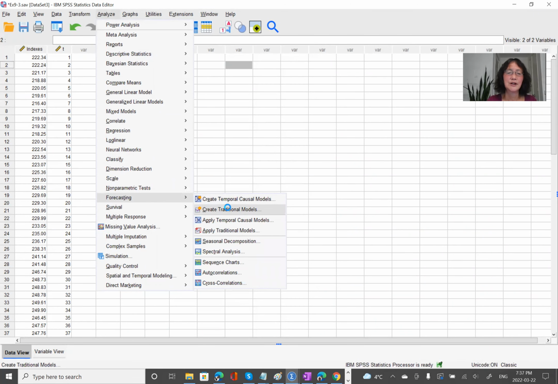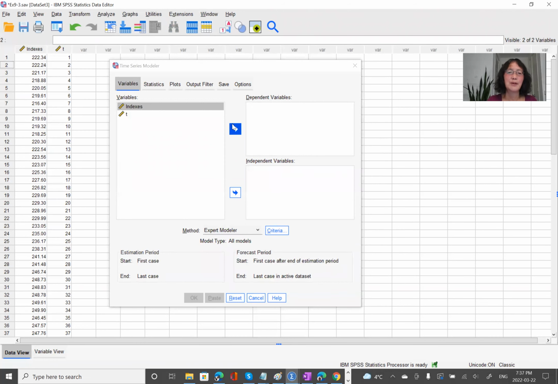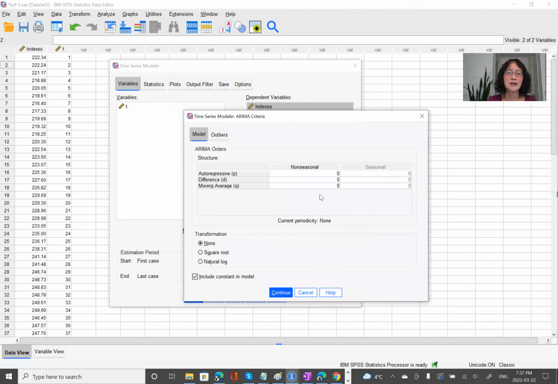Analyze, Forecasting, Create Traditional Model. Do I need to define date? No. The dependent variable is an index. I will use ARIMA. Criteria, I try 1, 1, 0. I want to try this model. So difference 1, non-moving average.